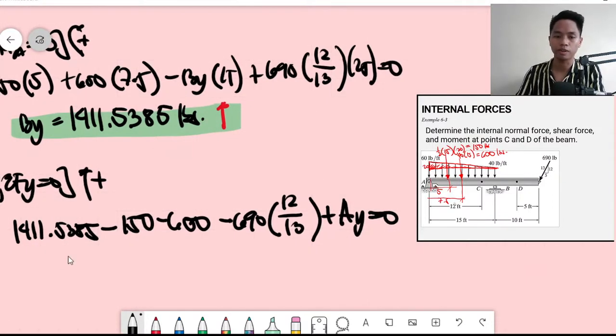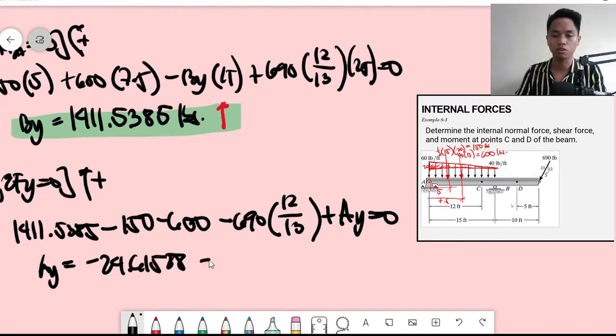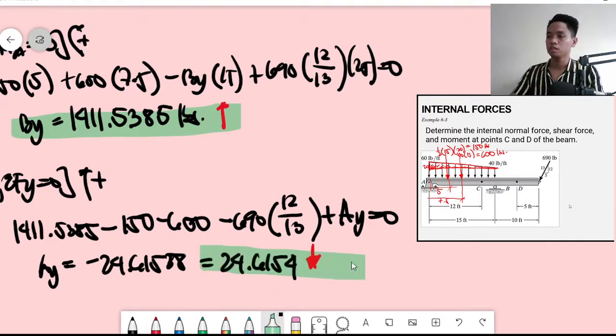So, what would be the reaction at A? AY is minus 150 minus 600 minus 690 multiplied by 12 over 13 plus 1411.5385. This should be negative 24.6154. The direction is downward.